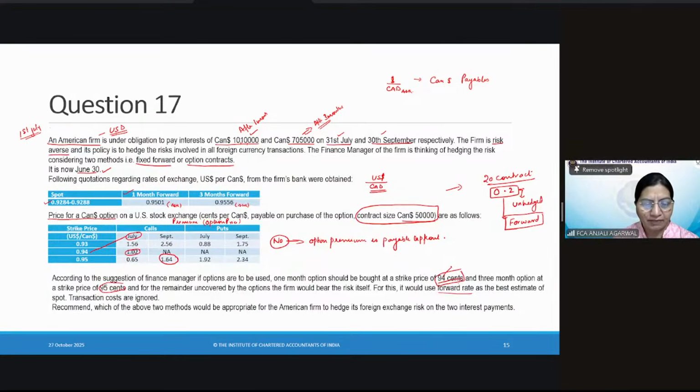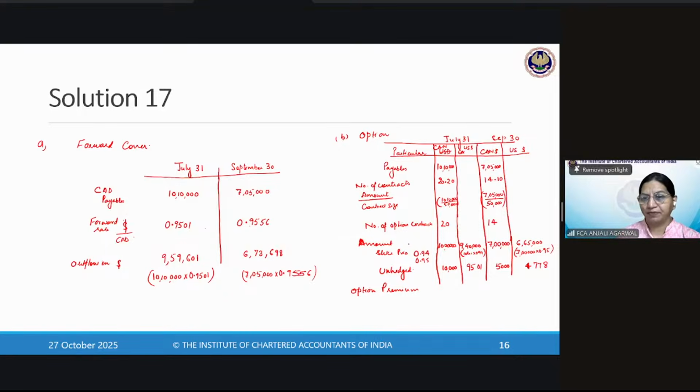So we will multiply 10 lakh with 1.02. So we end up paying 10 lakh 20,000 cents, which you can divide by 100 to get the outflow in dollars. So you will end up paying $10,200 as option premium.